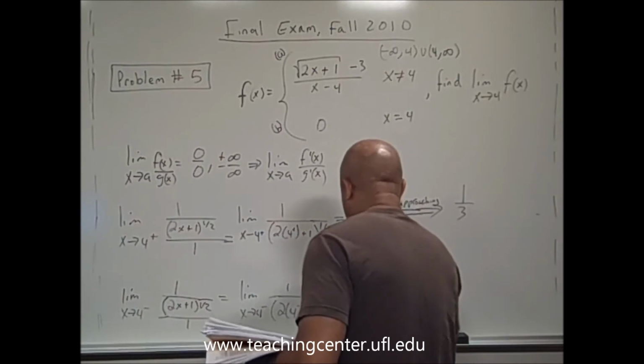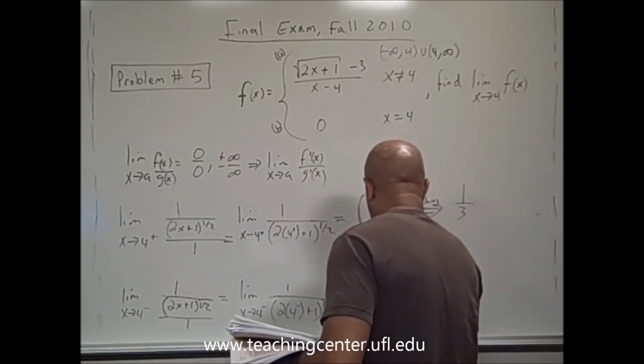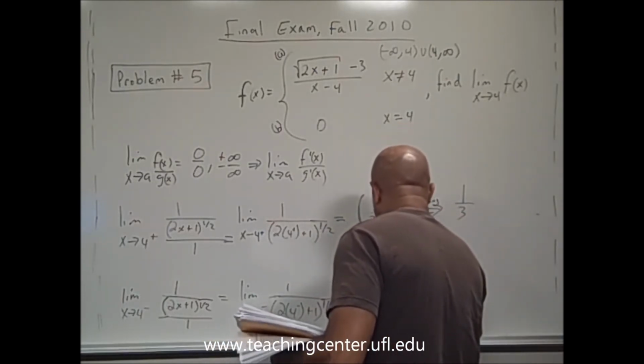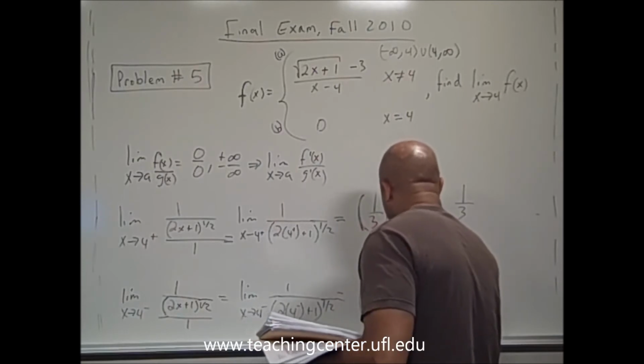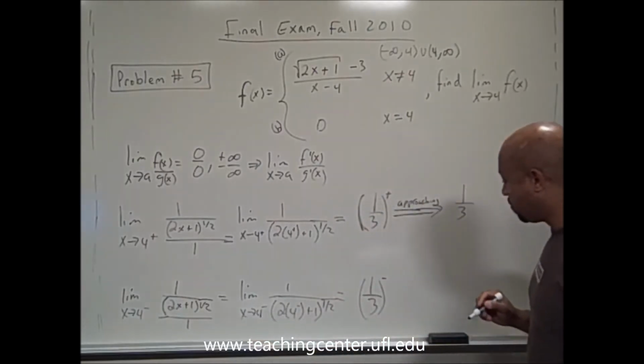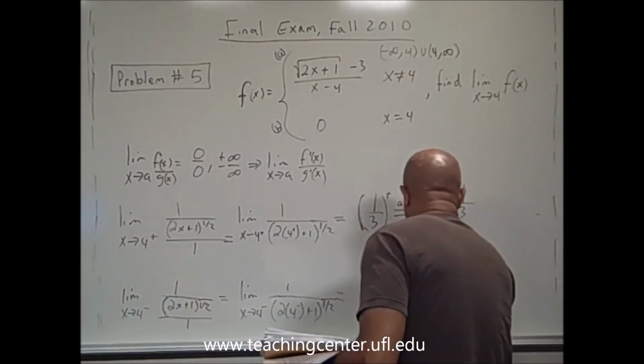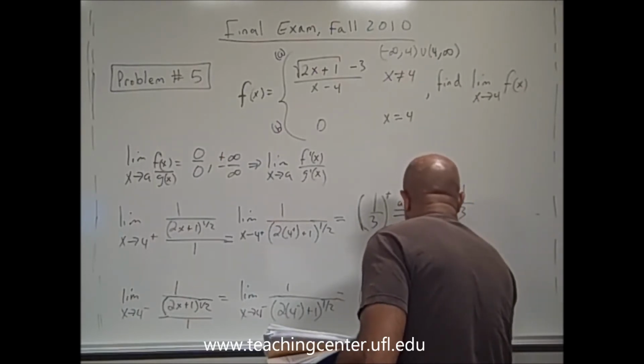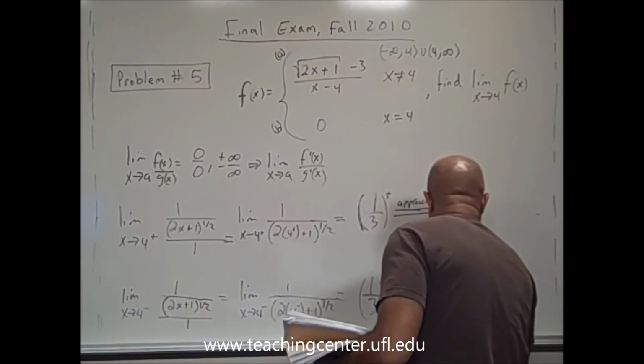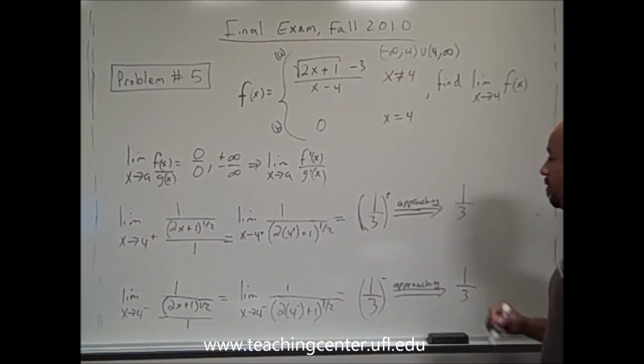Now, when we evaluate the limit from the left, we're going to get the same thing, except we're going to get a number that's still positive 1/3, but slightly less than 1/3. But essentially, it's approaching positive 1/3.